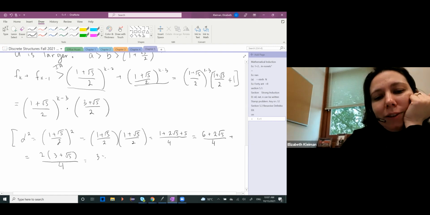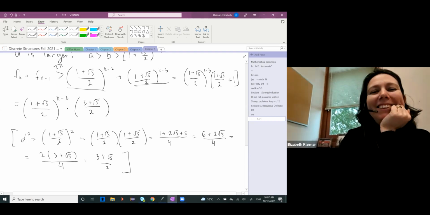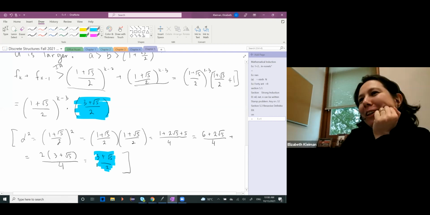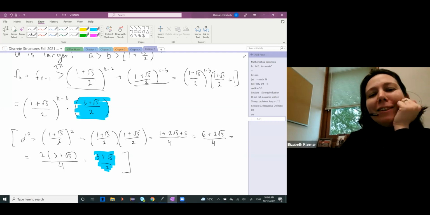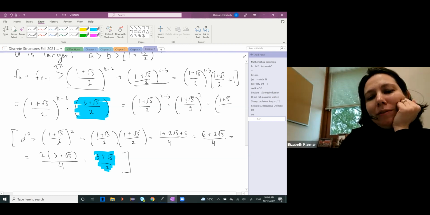But guess what? That looks awfully familiar. I strongly believe it's very cool. They're identical, right? So pretty much I can replace it, which is exactly what I want. So my inductive proof is done.